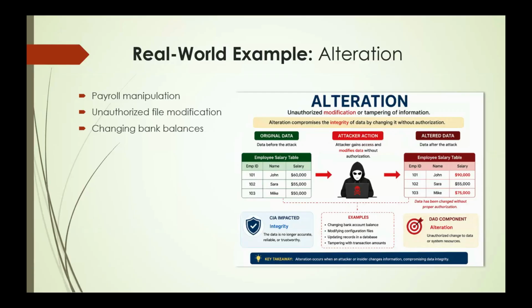In CISSP, integrity always means accuracy and trustworthiness of data. Not only payroll manipulation, but unauthorized file modifications and changing bank balances are all considered real world examples of alteration. We always keep facing such kinds of issues in our real world also.